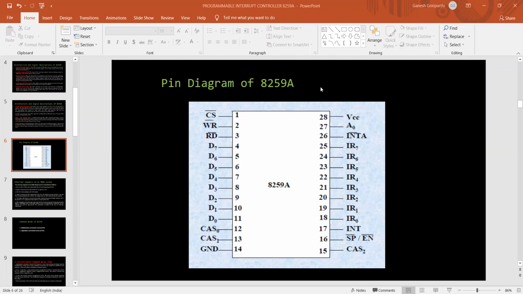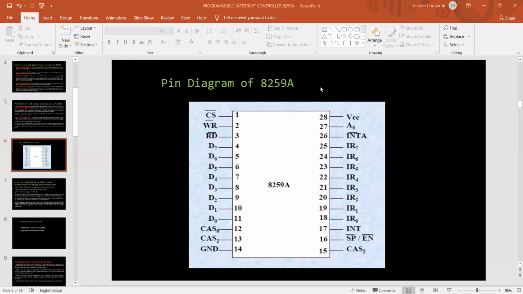In order to serve all the interrupts, and to have master mode and slave mode, we have a block called the cascade buffer. That was the discussion from the last class.